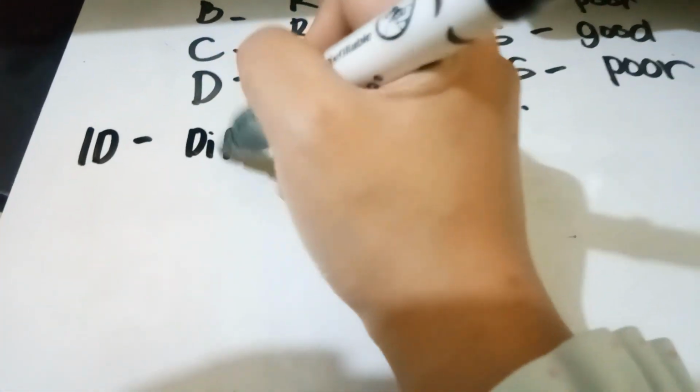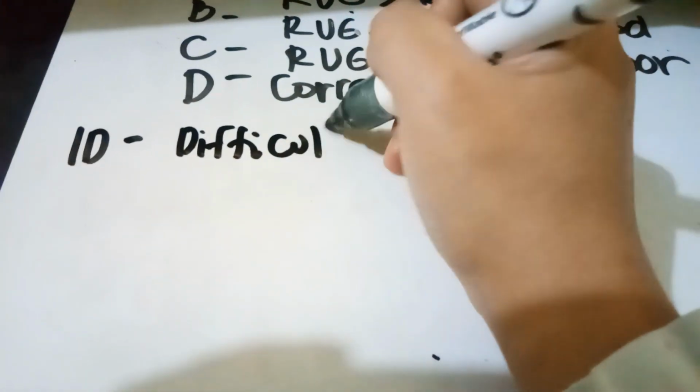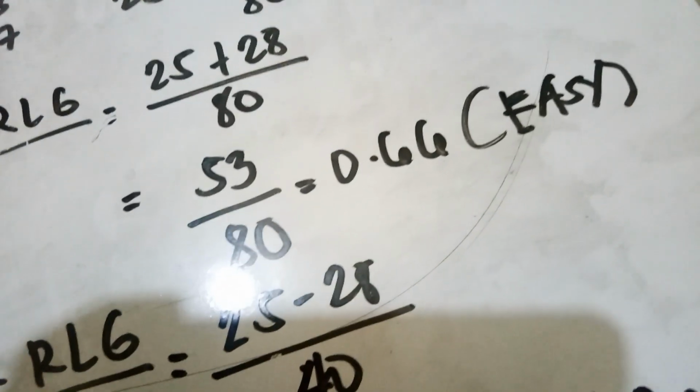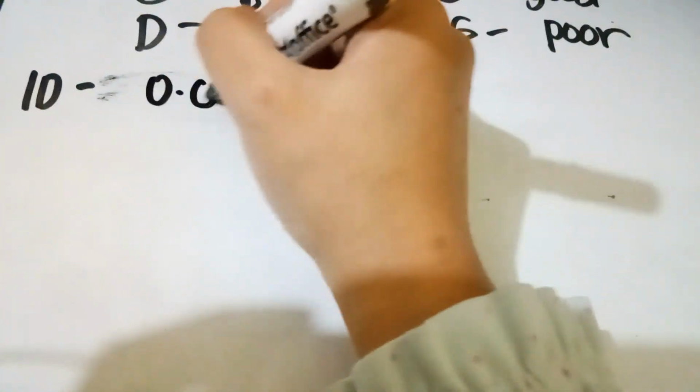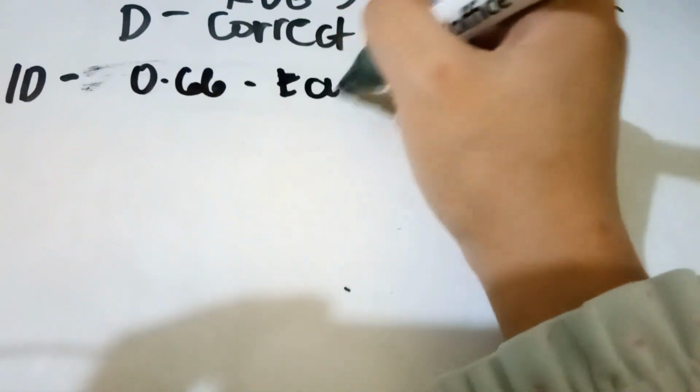Our computed ID is difficult. Right? Difficult, which is 0.66. Sorry, it's easy. 0.66, which is easy.